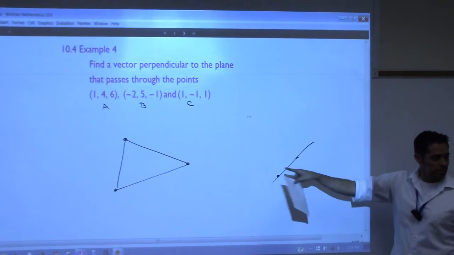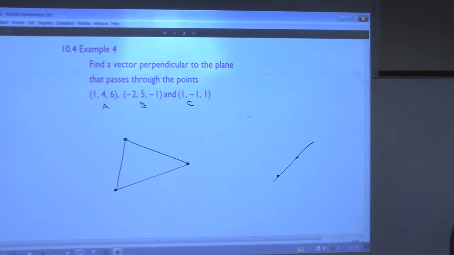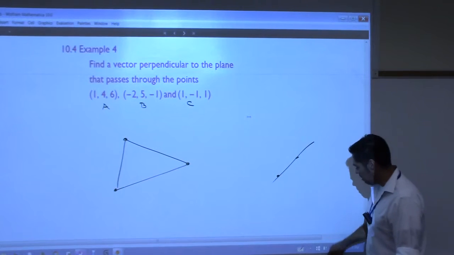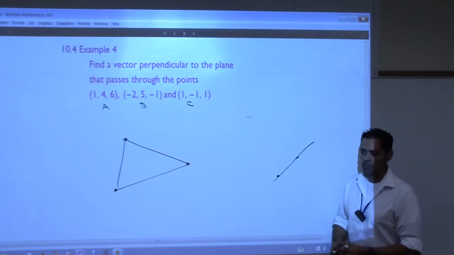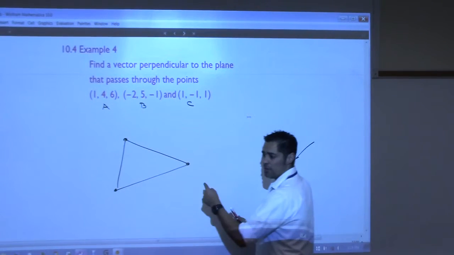Find 2 vectors from these points, and then cross them. But they have to be perpendicular to each other?